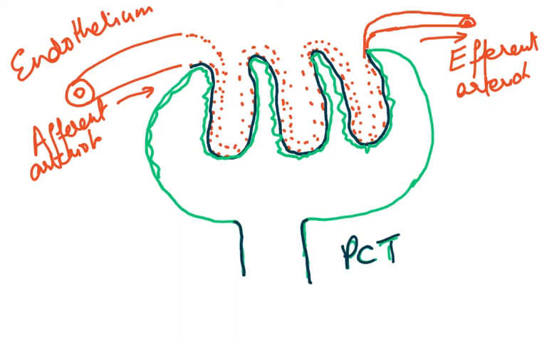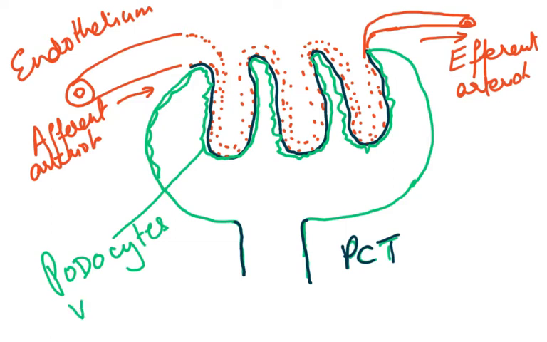This is the layer made up of the podocytes, which have finger-like processes which wrap around the capillary. This is also called the visceral layer of the Bowman's capsule.